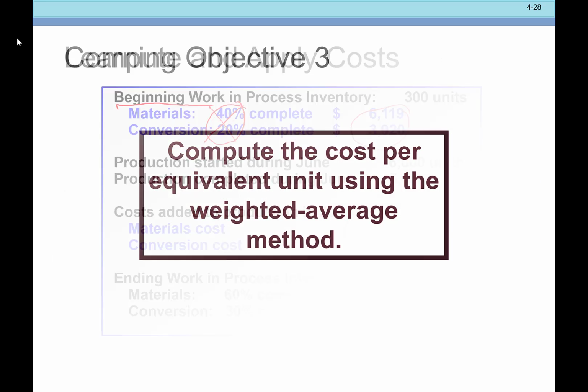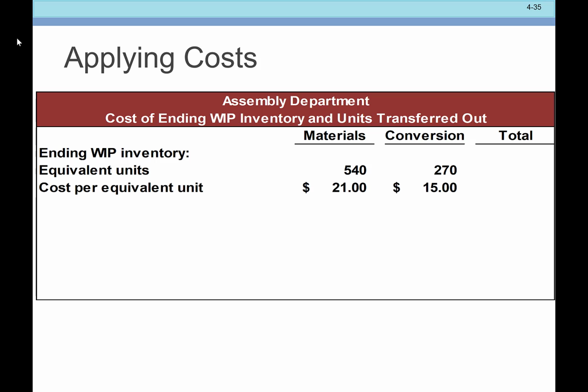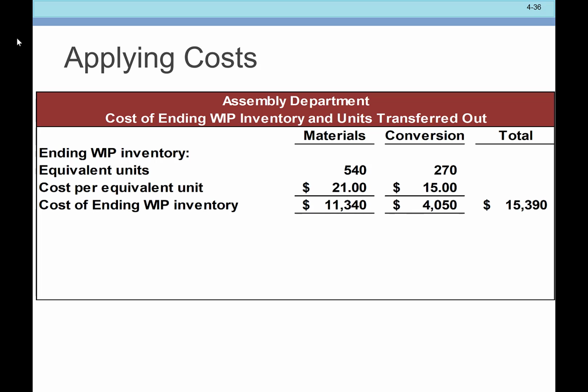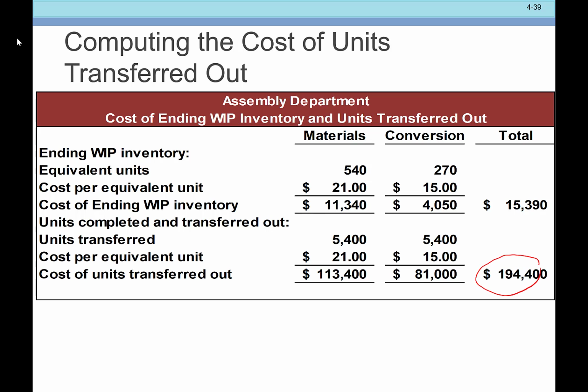And so when we come up with that equivalent cost per unit that we calculated right here, then we assign it to the ending inventory using those equivalent units in the ending inventory. The way they present it here, it looks like this is the number you care about. This number, to me, is the number that should be left over if I do the correct journal entry to transfer the stuff out using the equivalent units.